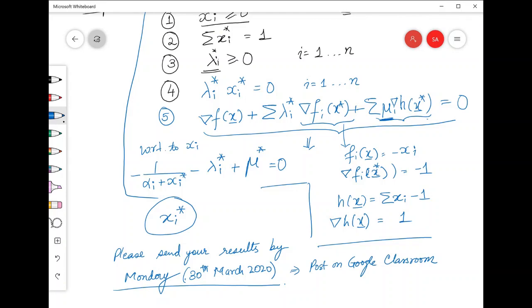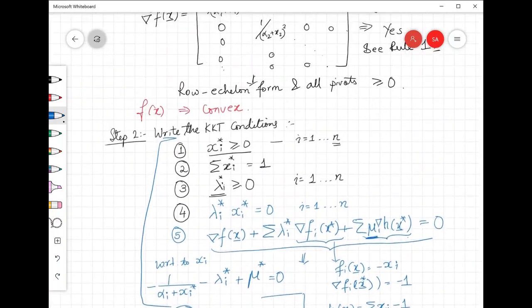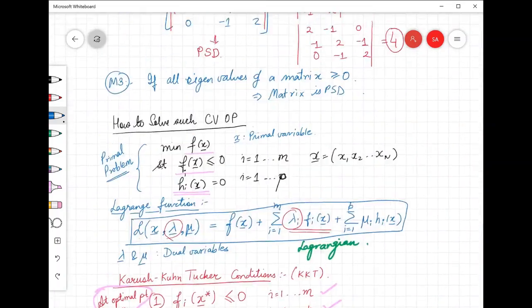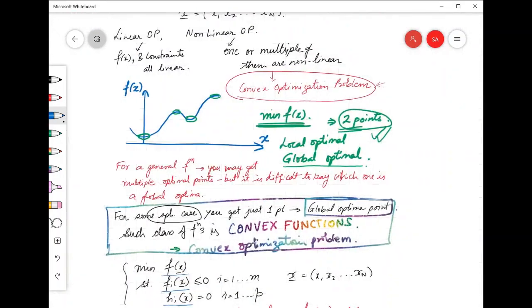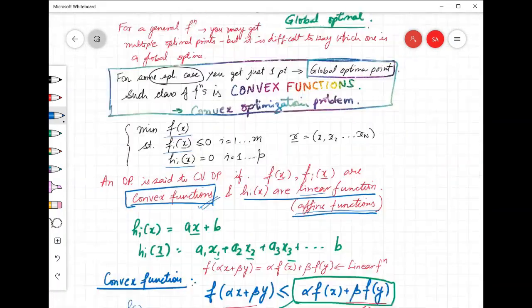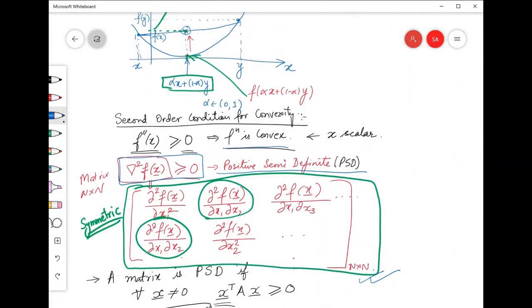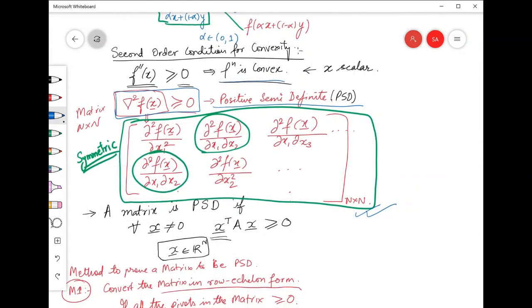So that's it for today. Let me do a quick recap of what we have discussed in today's class. We started by looking at a convex optimization problem and why we are interested in it. Then we discussed what functions are convex, and how we prove that a particular function is convex: we have to prove the Hessian matrix is positive semi-definite.